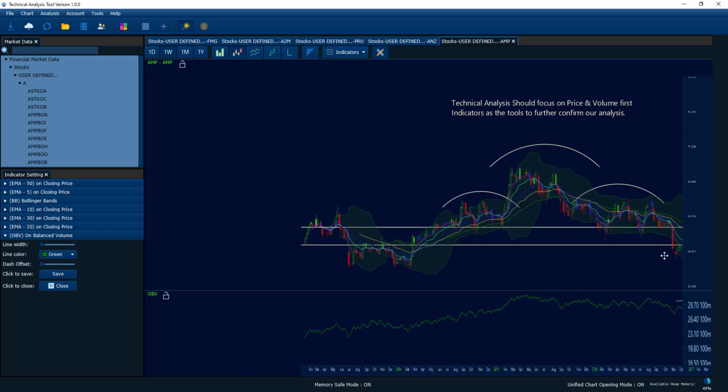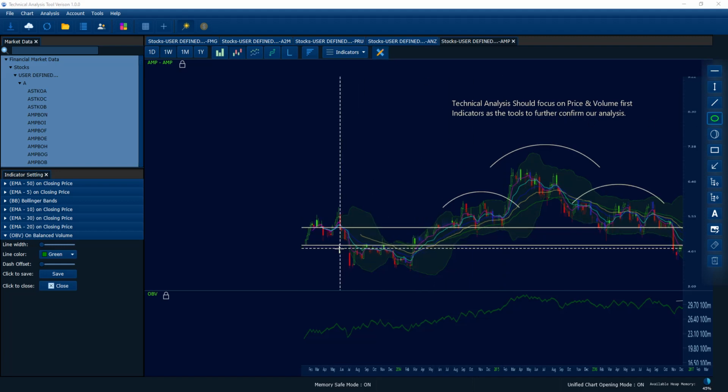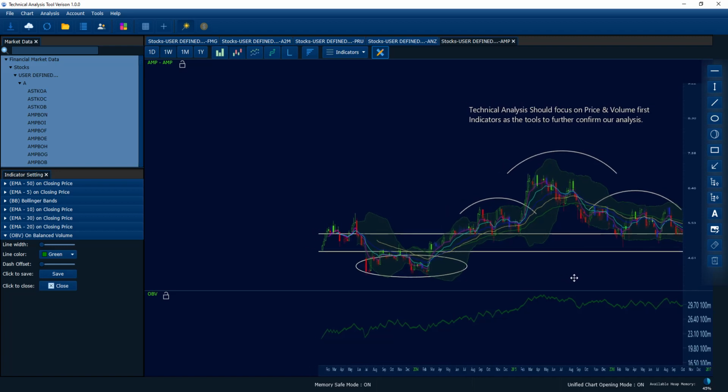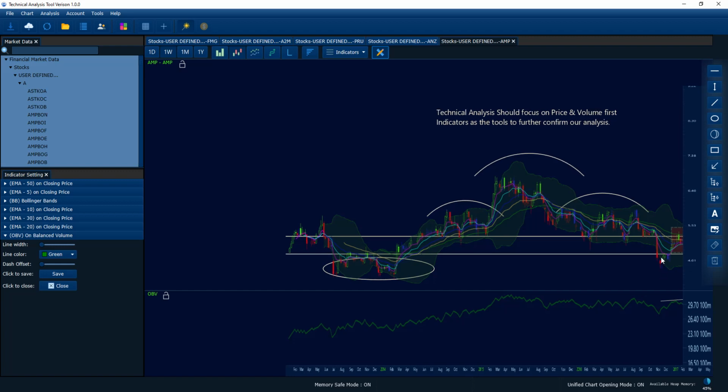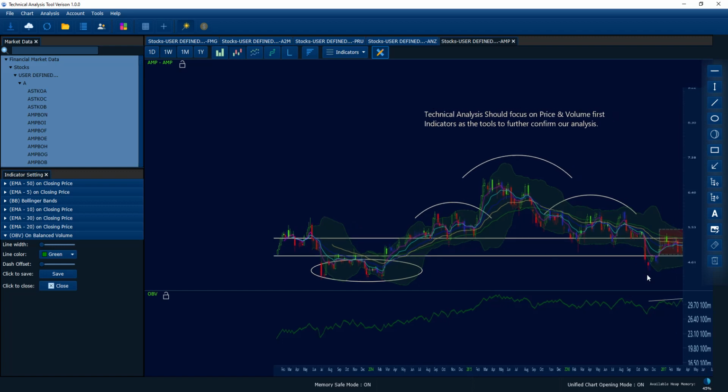Okay, and there is another previous support range here. As you can see here, we do have a triple bottom pattern, which used to behave like a support. The price falling in this range stopped falling further, and then jumped back to the second support line.